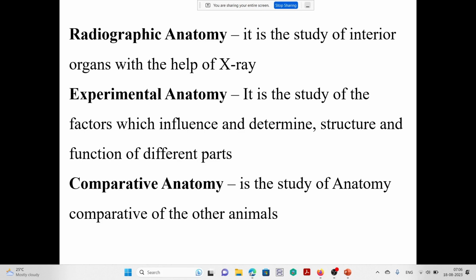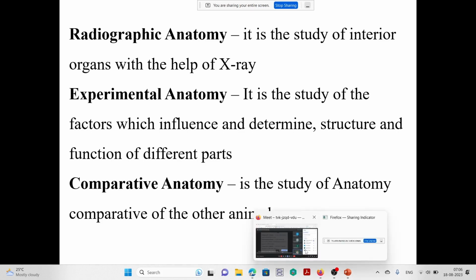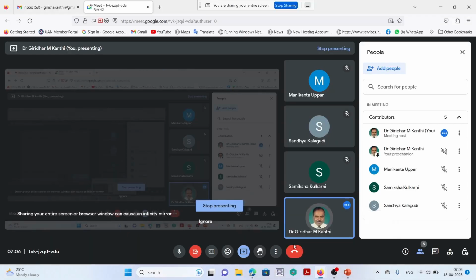So that is why we compare the venous arrangement in the human body to rivers. This comparative study mainly helps us to identify easily and to get knowledge of the particular structure.